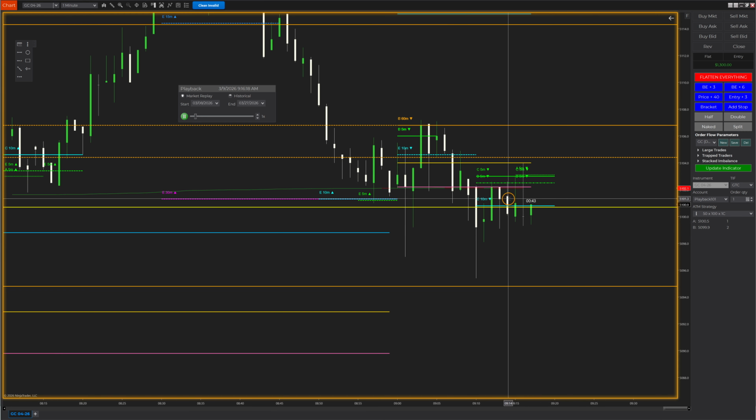I think this was a valid trade right here. I think it would have been a loser. It should have been a loser. Oh, there's a winner. This wick is pretty long, so this makes essentially a really long entry bar.